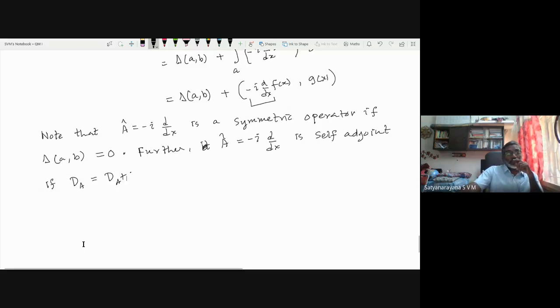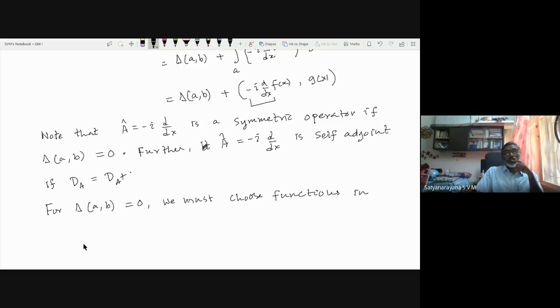Now, first we ask the question: for delta of ab to be equal to 0, we must choose functions in L2 of a comma b such that... how do we choose?